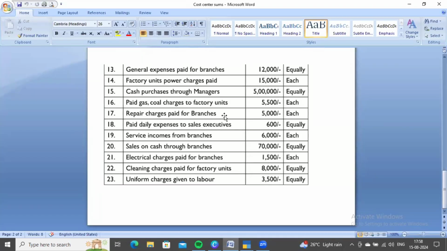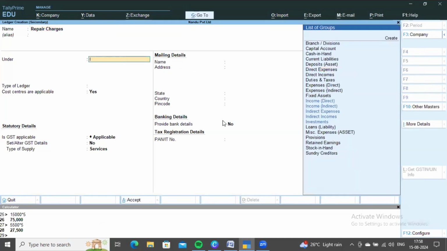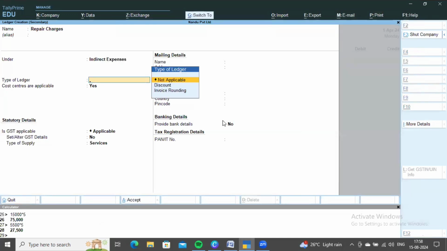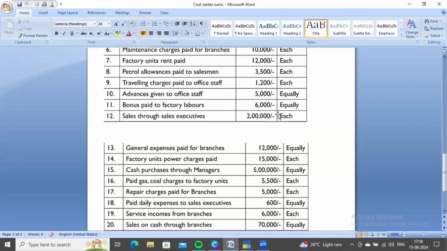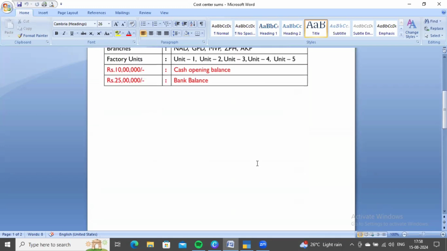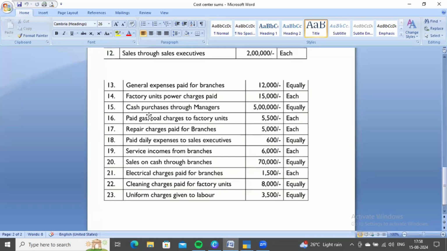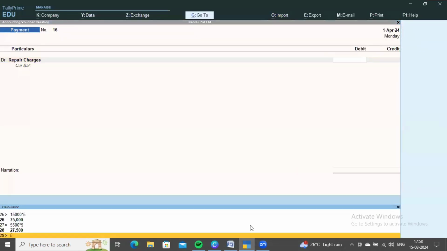Next, repair charges paid for branches. So, you need to create a repair charges account that comes under indirect expenses. And the total amount is 5,000 each. There are 5 cost centers under the branch category, and you are paying 5,000 each here. 5,000 into 5 is nothing but 25,000.